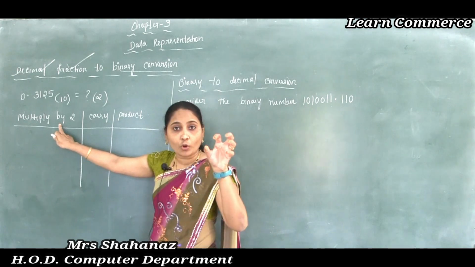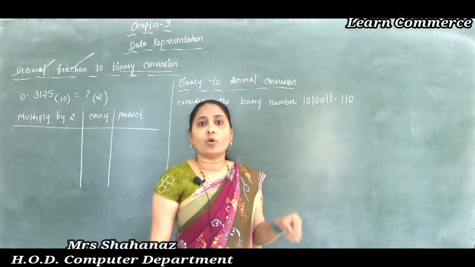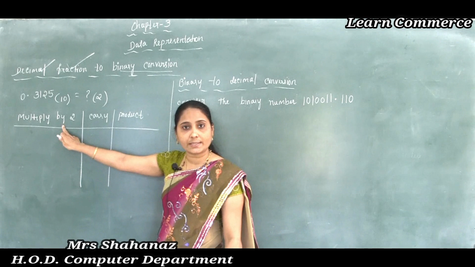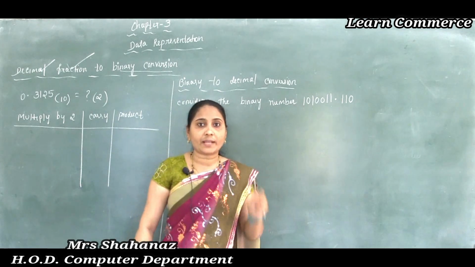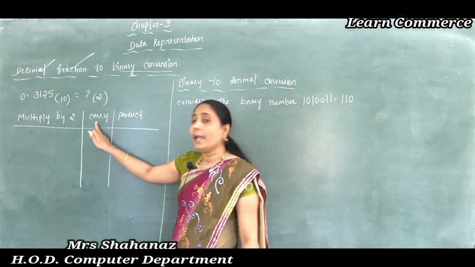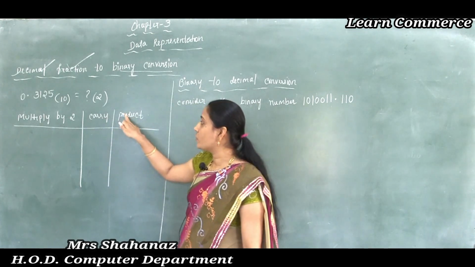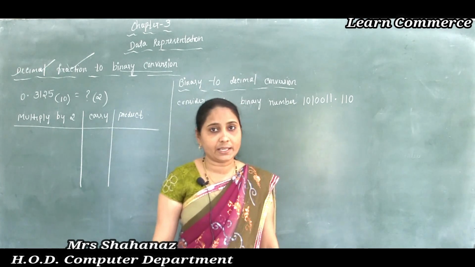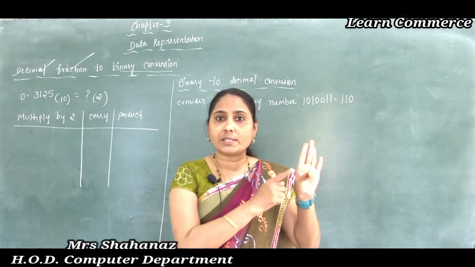Whatever decimal fraction is given in the question, we must multiply it by 2. Next, note the carry and the product. You have to make the multiplication using the column product, and whatever remains is called the carry, which we write in our carry column. So this is the first step.